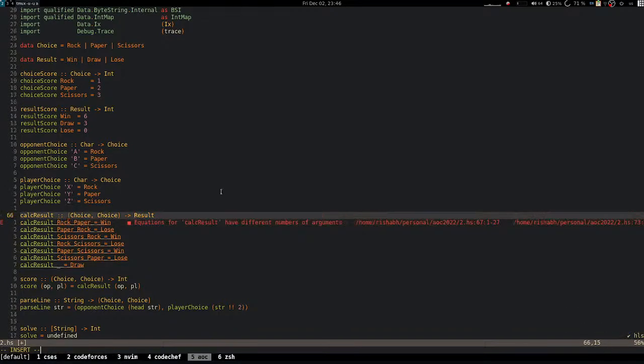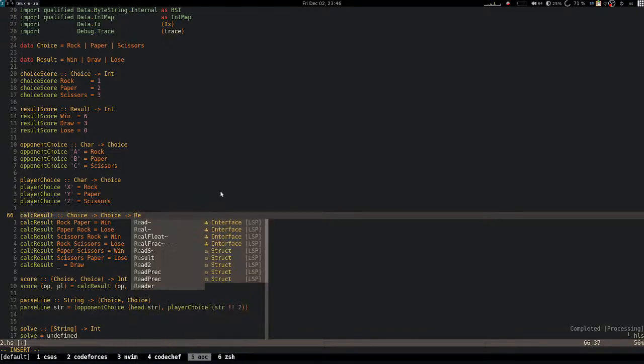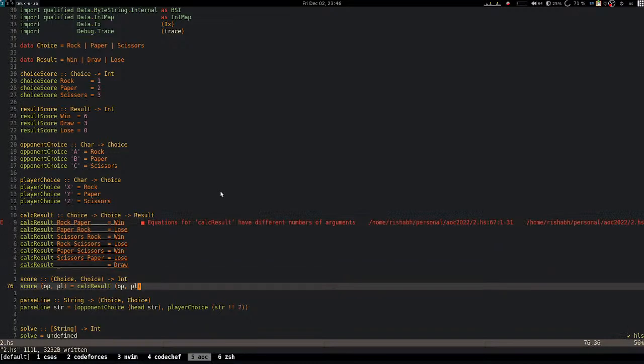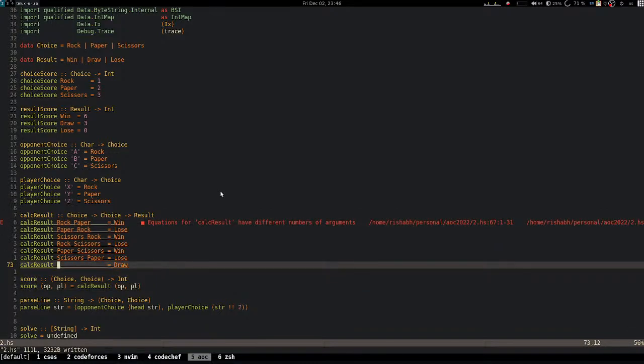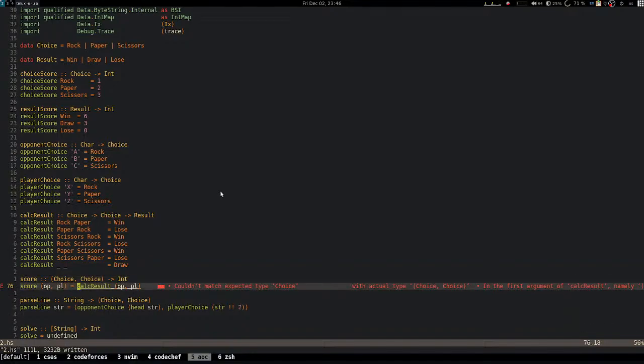Actually, I can just go for calc result in uncurried form, right? Now it looks good. Right, and uncurry.